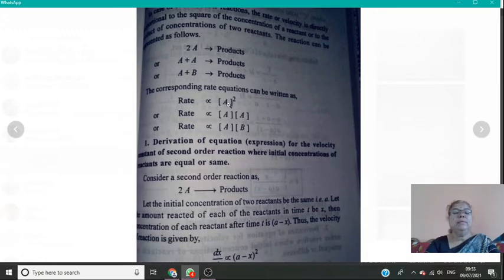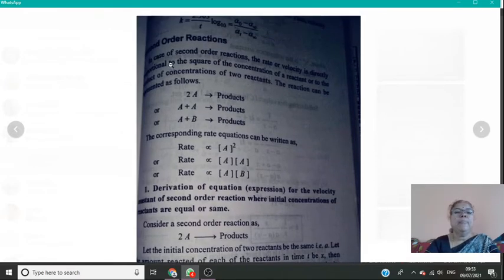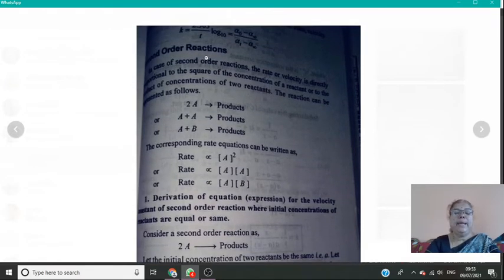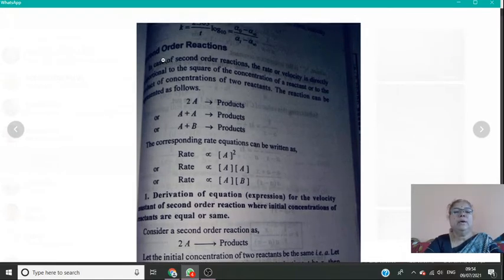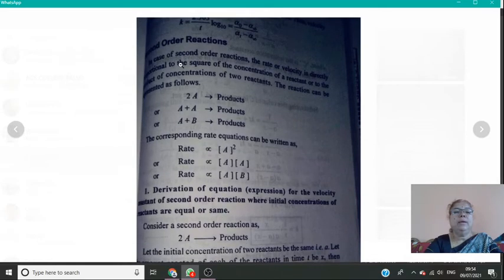And the second point here is second order reaction. After studying the first order reaction, the derivation of the velocity constant of first order reaction, examples of the first order reaction, then pseudo unimolecular reactions, your next point is the second order reaction.